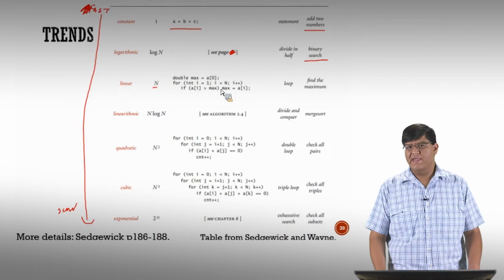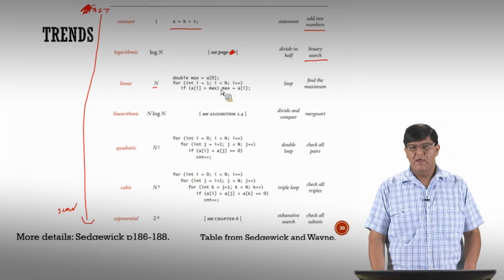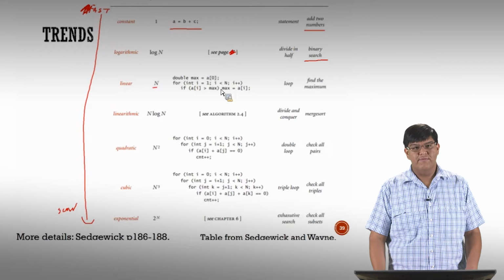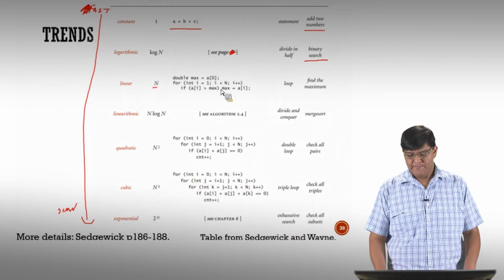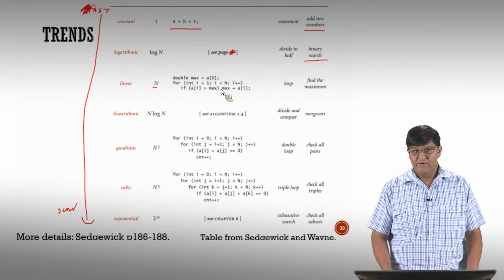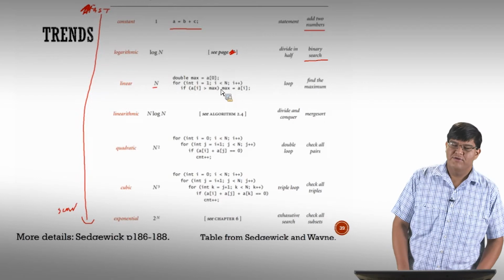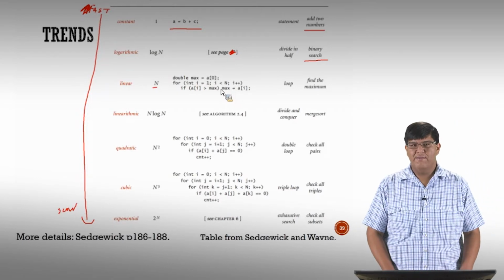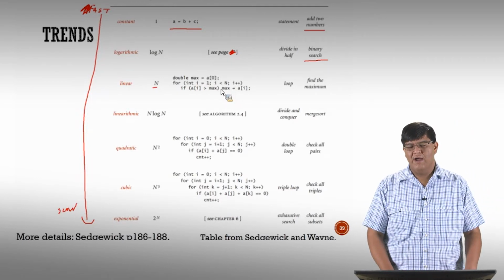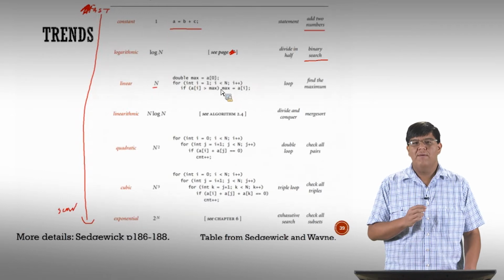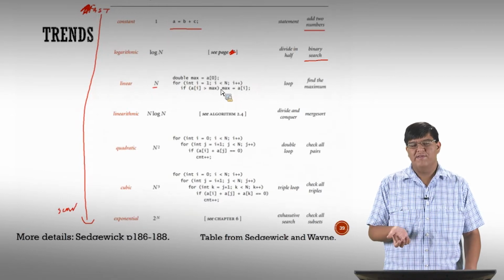But it still looks linear, although if we're being exact with the growth function, then we should be writing n minus 1. So typically, when you see for loops, they're going to look like a factor of n. You generally will have to look at the starting point and ending point to figure out exactly how many times it runs. But in general, it'll look like n, plus or minus a little bit of stuff.